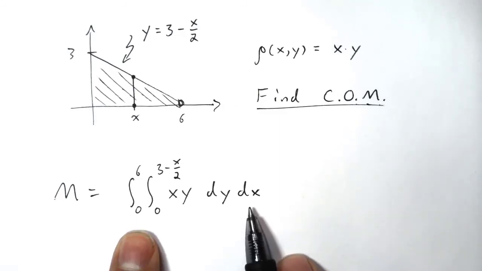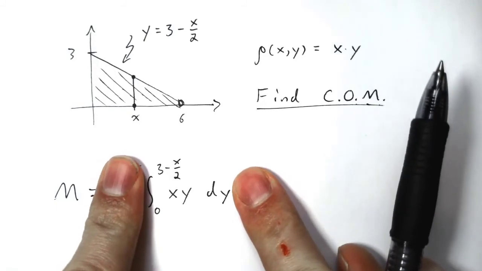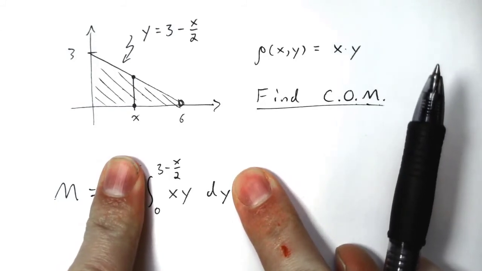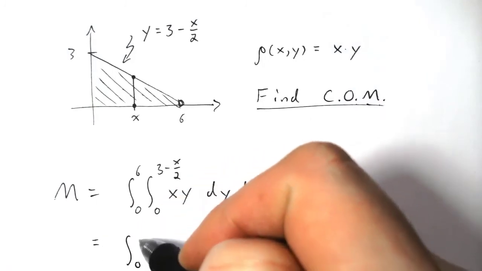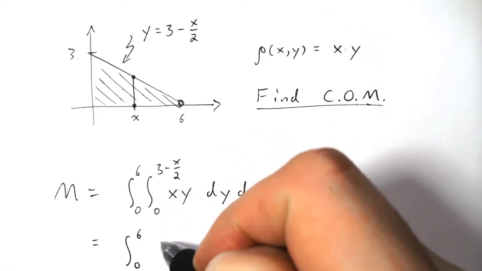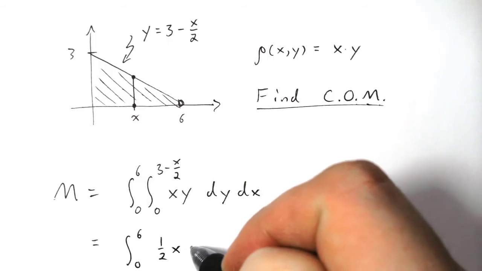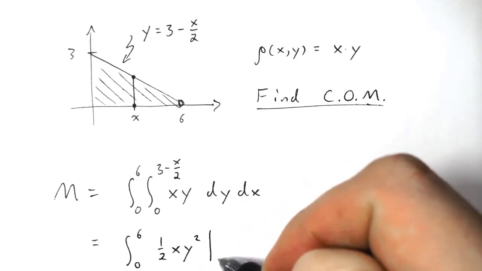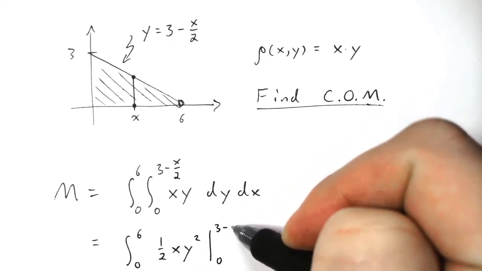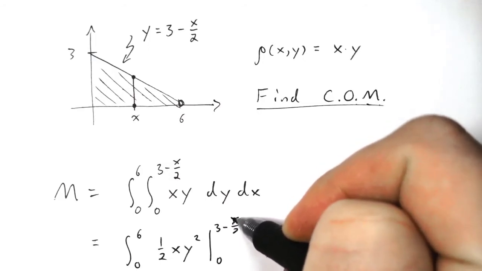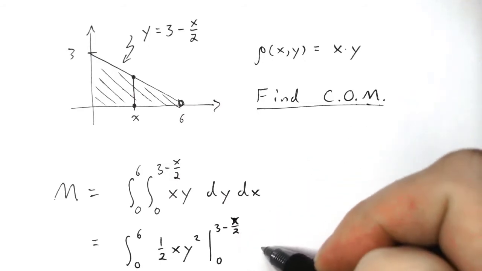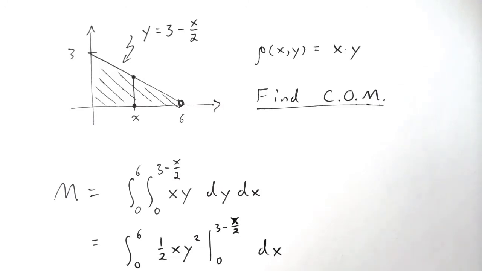Let's go ahead and do the inner integral. So I'm going to anti-differentiate this. I'm going to evaluate it from 0 to 3 minus x over 2. All right, and that thing will be the thing I'll integrate next.